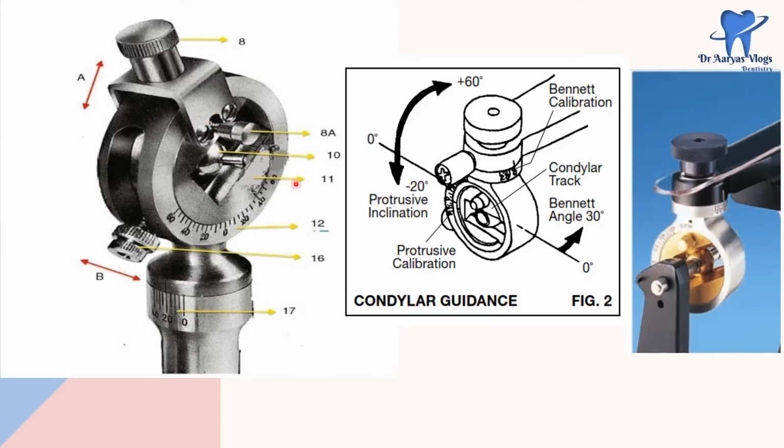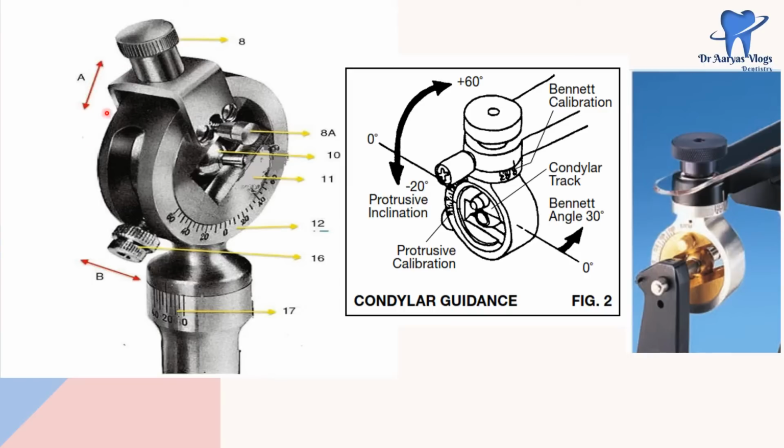And this is the condylar assembly. Here, this shows the horizontal condylar calibration, and this is the lateral condylar calibration. For adjusting the horizontal condylar inclination, the condylar assembly is moved up and down in this step.